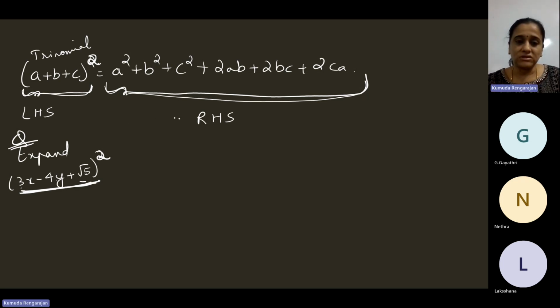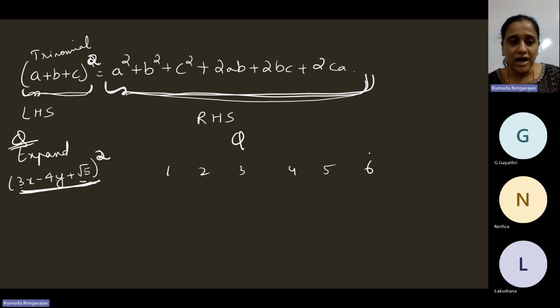Now, if the question looks like the RHS of this identity, you will have six terms, 1, 2, 3, 4, 5, 6 terms. Now how do we make sure that the given question looks exactly like this RHS?